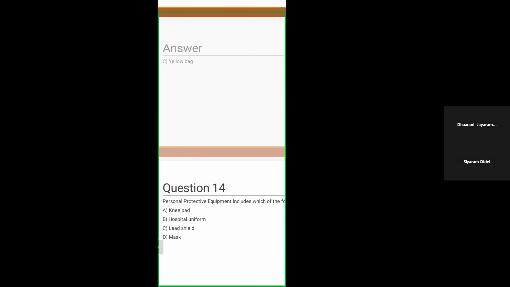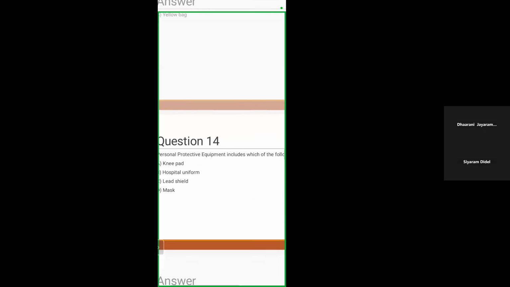Very good. So personal protective equipment includes which of the following? Which is the personal protective equipment here? So mask is the answer. Yes, very good. This is very easy for them.